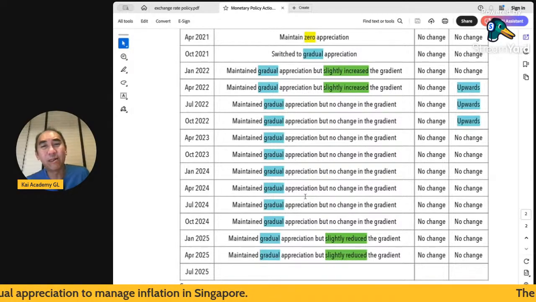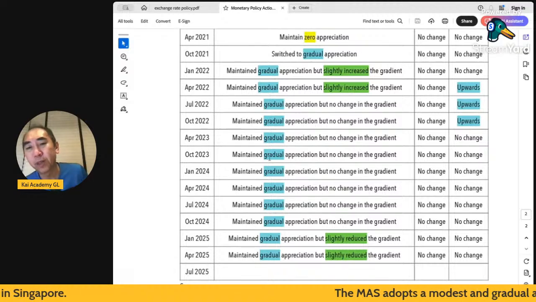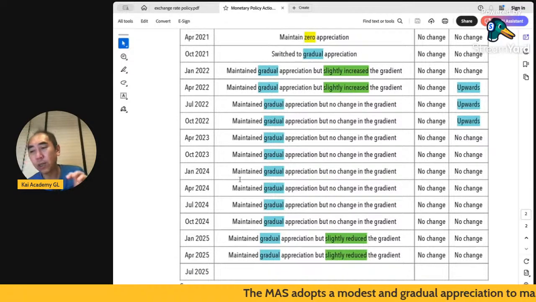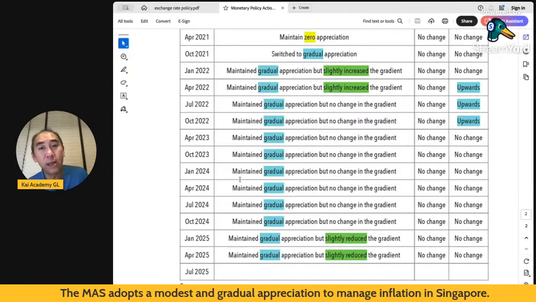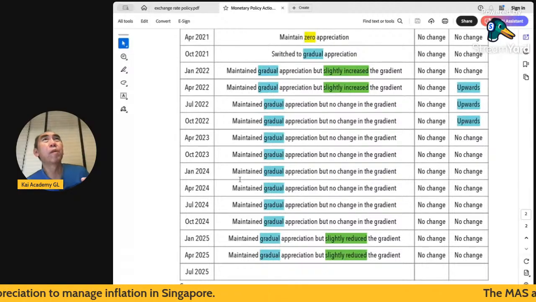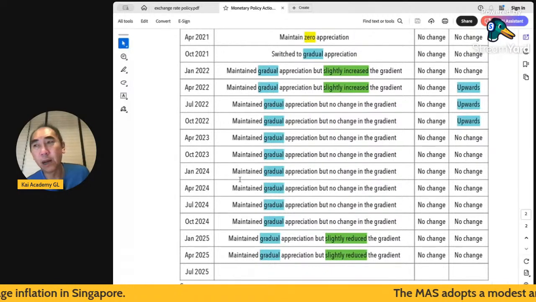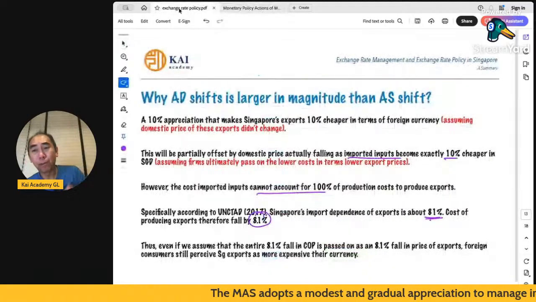They've not done it even once, to flip the switch to turn into a depreciation of the Singapore dollar, right? So this suggests that the monetary policy action in Singapore is targeted only at maintaining price stability and not aiming for economic growth or not aiming for some balance of trade or balance of payment objectives. All right, so this is the exchange rate policy of Singapore.